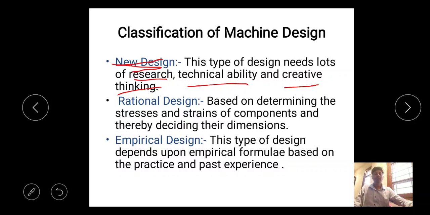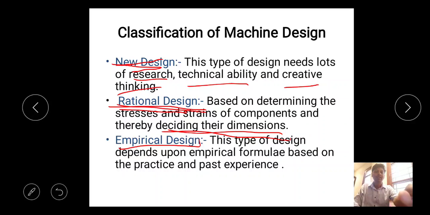Then the other two types are also there, that is rational design and empirical design. What do you mean by rational design? In an industry you might have seen, if you are designing a machine and sending it to the industry, the stress and strain increases, and by seeing that stress and strain you are deciding the dimension.